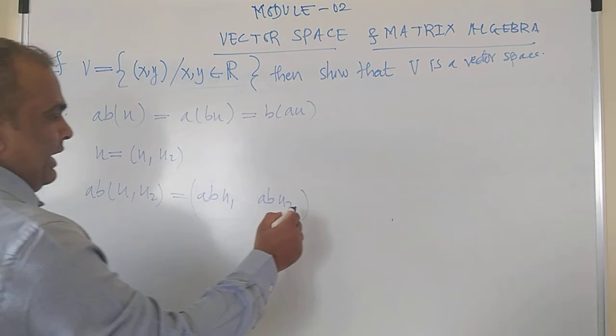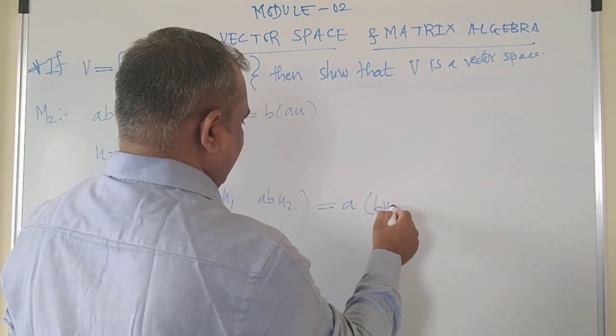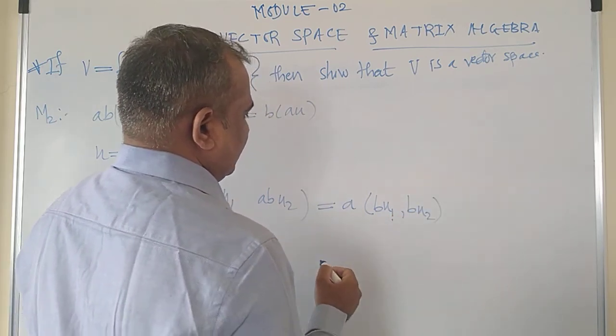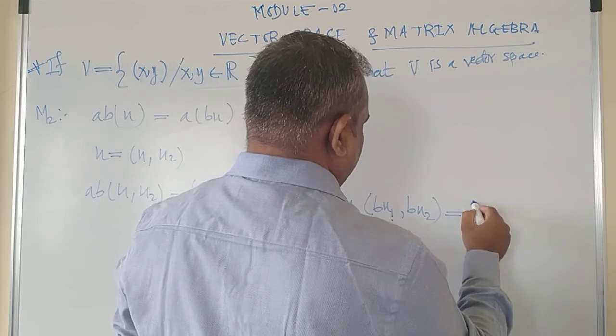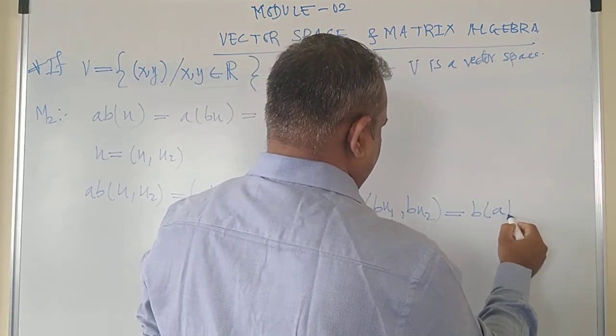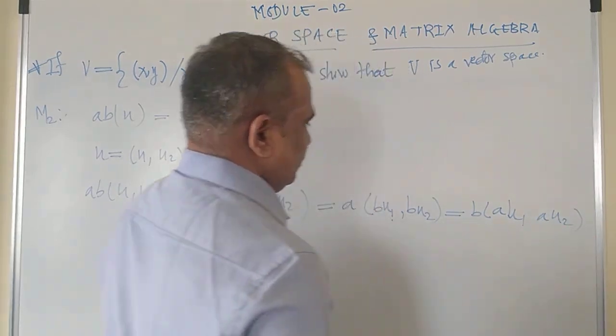And this can be written by taking out a outside, (b u1, b u2) in this way, or the same thing I will be able to write taking out b outside and (a u1, a u2).